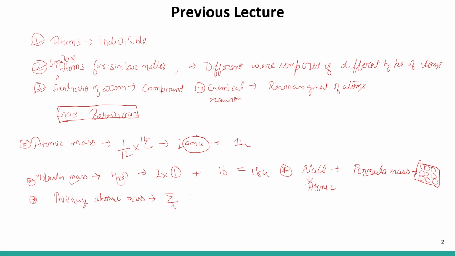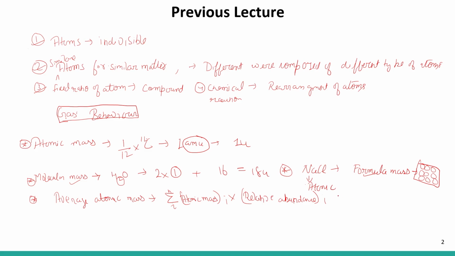So we will take a summation from i equals 1 to n, where n is the total number of isotopes present in nature. Then we have to multiply the atomic mass of that isotope by the relative abundance of that isotope, and we will sum all that so that we can get our average atomic mass.